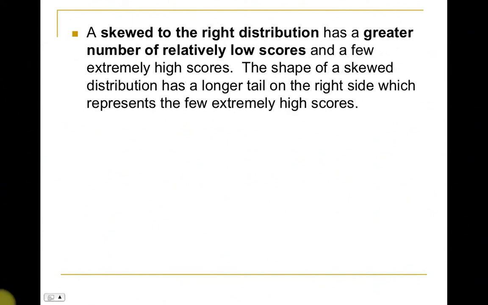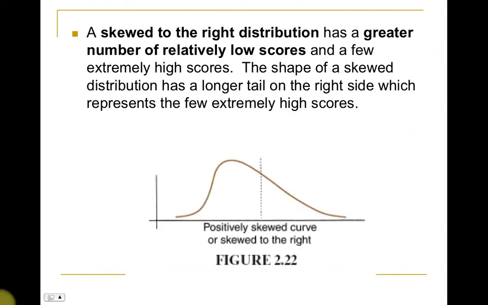Okay, if we look at a skewed right distribution, it looks like this. It has a greater number of relatively low scores and a few extremely high scores. When we talk about scores, we're referring to the numbers on the horizontal axis. Remember that we always label numbers in mathematics on an axis from low on the left to high on the right.